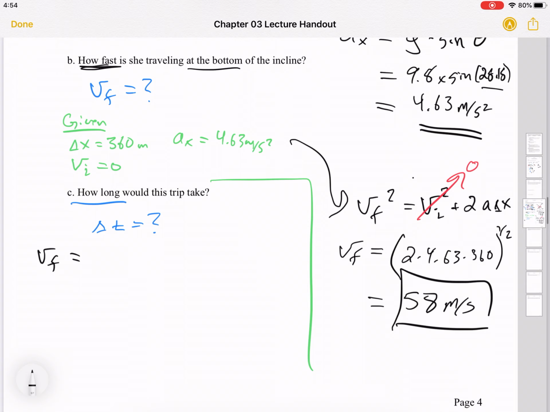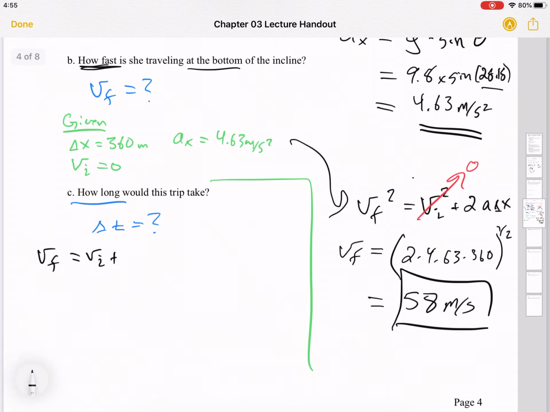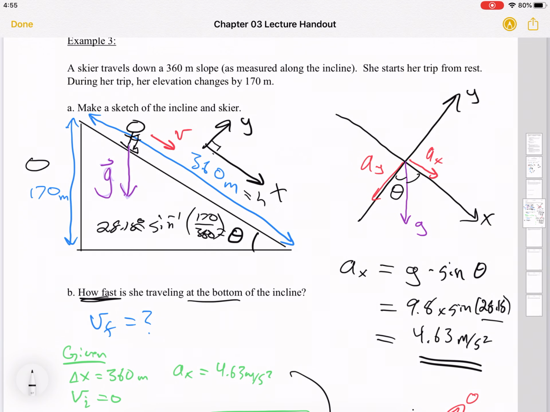V final equals V initial plus A delta T. And we could say a sub x, and these are x direction velocities. But again, there is no y direction velocity. It's not changing, right? Because the y direction is perpendicular to the slope. You're never leaving the slope, so there's no motion in the y direction.